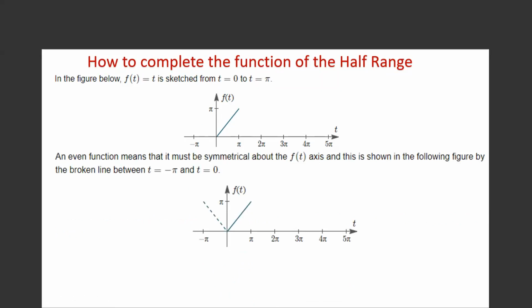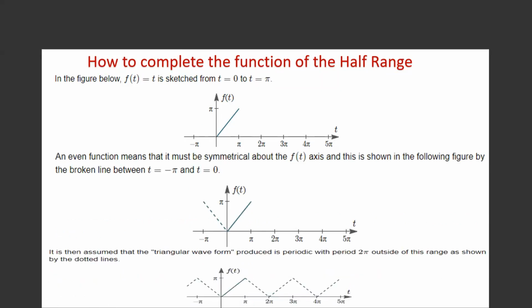When I complete the other half of my function like this, this figure is symmetric with respect to the y-axis, so it will be even. If it is even, the Fourier series has only cosine, and Bn will be 0. This is to complete your function to be periodic.